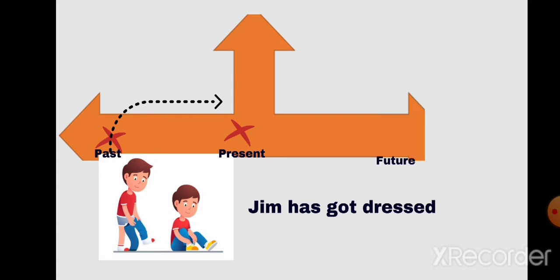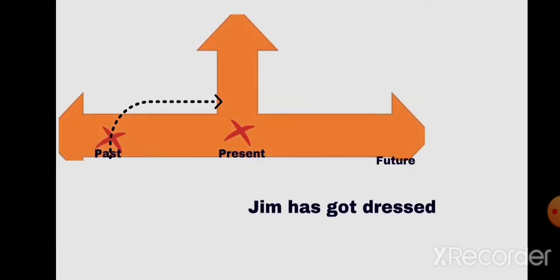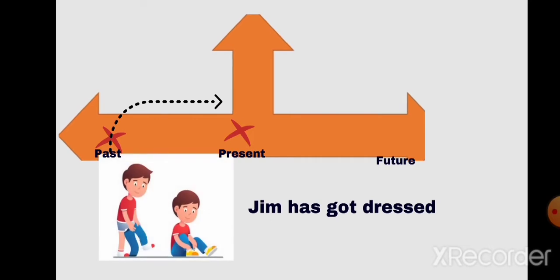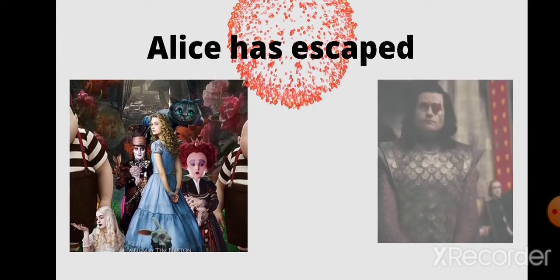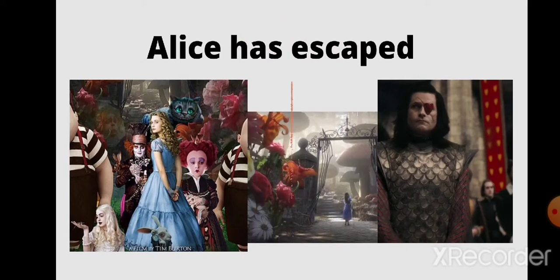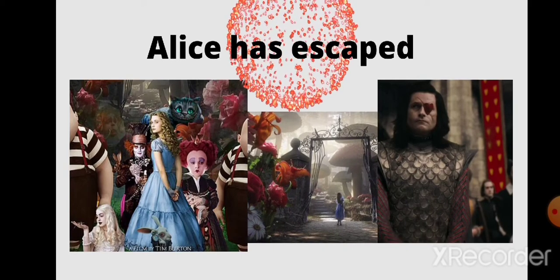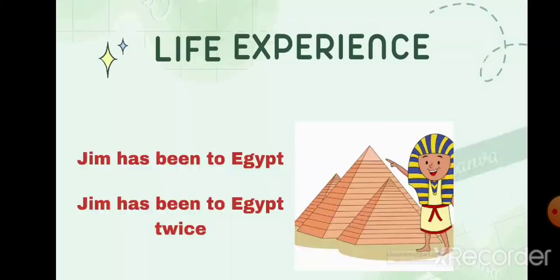Jim started wearing his clothes some time ago and he is dressed now. Present perfect tense. Jim has got dressed. The result is he is dressed now. And pay attention, Jim has got dressed. And as you watched in the movie, Alice has escaped. Alice is not here anymore. The result is she is not here.